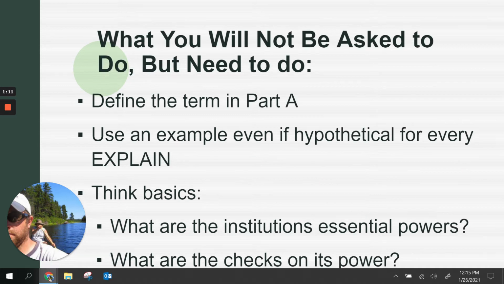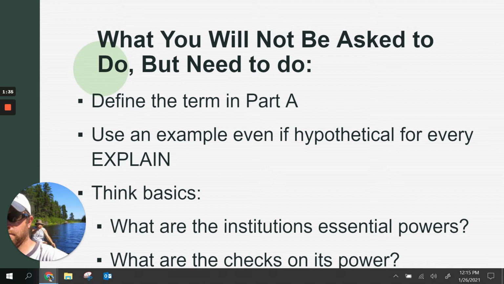Okay, what you will not be asked to do but are expected to do, make sure you define the term in part A. So the prompt for A might ask you about a particular institution or a process. You need to define it, describe that term, or you will not get the point. Use an example, even if hypothetical, for every time it asks you to explain something.